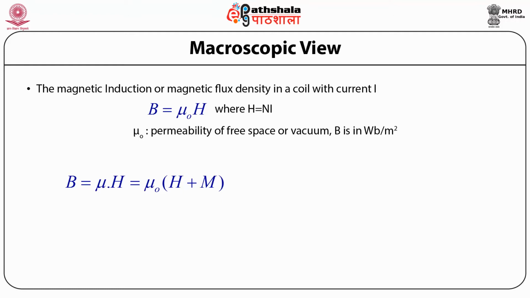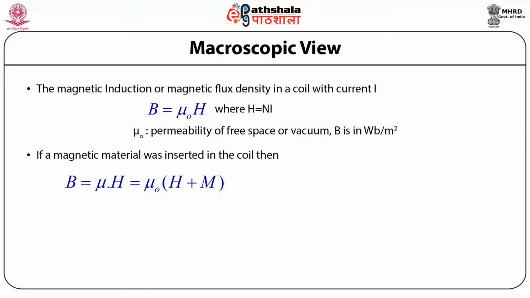Now imagine if a magnetic material is inserted in the coil, then there is current induced in the magnetic material too, called the Ampere's current, Ia, which modifies the equation, and the magnetic field, which is B, becomes mu naught Ni plus mu naught Na.